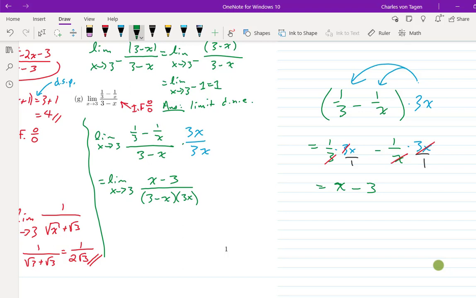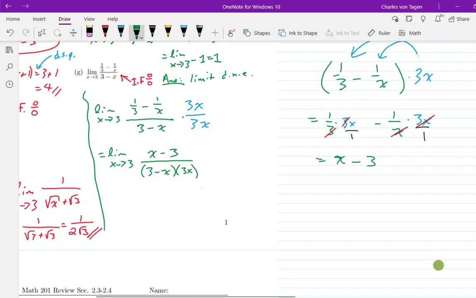Yeah, Isabel? Why can't you just multiply by the 1/3? She's saying to multiply by 1 over 3 minus x. Well, that would just make your denominators more messy, right?